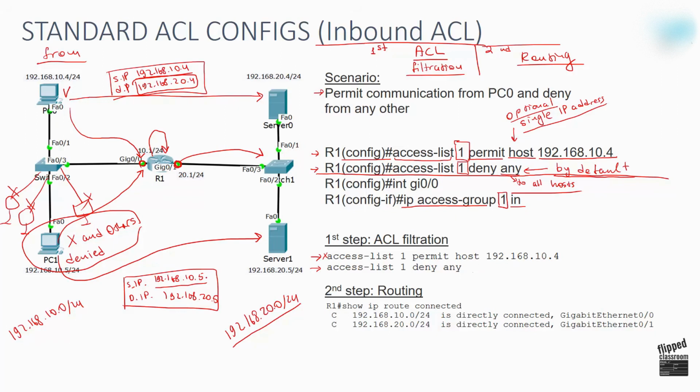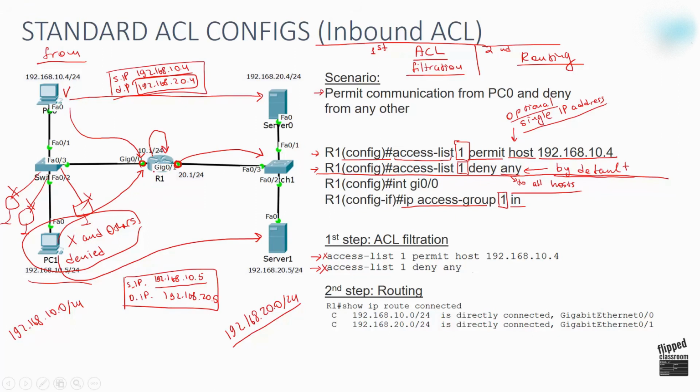Our IP address in this situation is any, and it means that our packet will be declined, so the router will not route this packet because our access list is filtering it. It's like this computer is not able to communicate through the gigabit 00 interface.